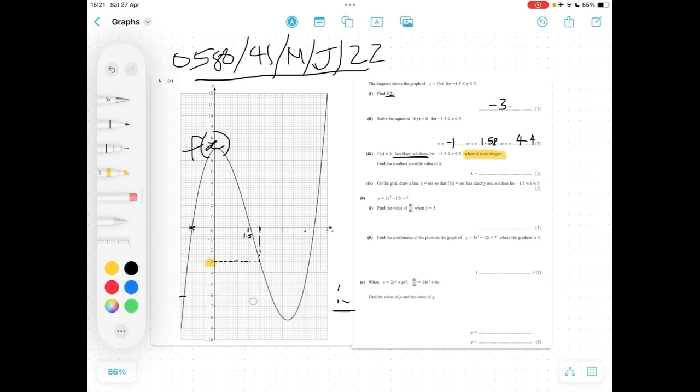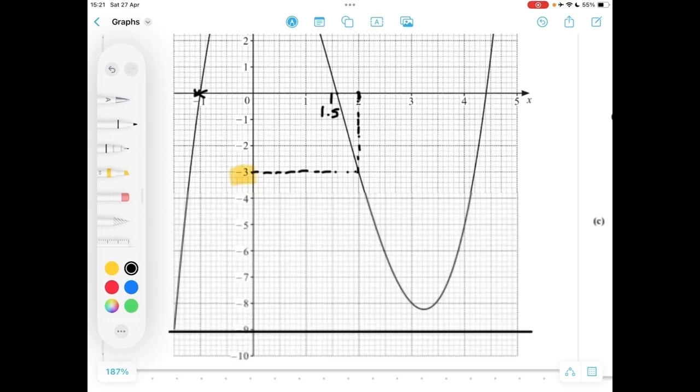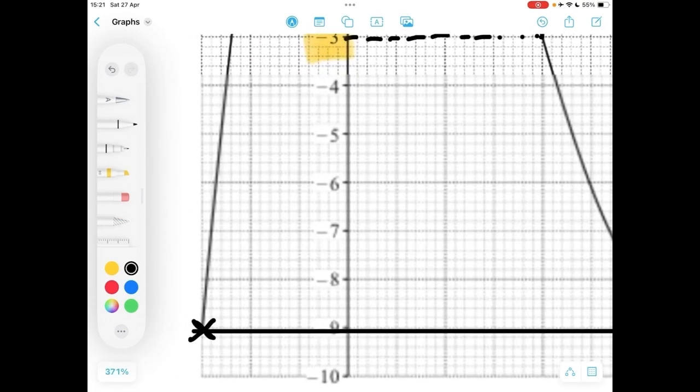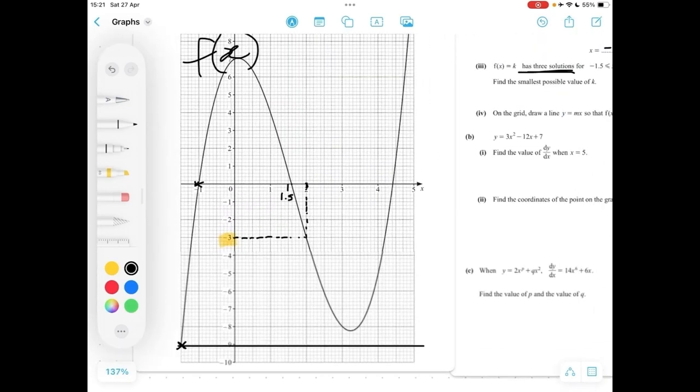For example, if we had k equal to negative 9, that means that y is equal to negative 9. So the graph would look like this, just a horizontal line at negative 9. But as you can see, that only intersects the graph once here. That doesn't give 3 solutions, that only gives 1.